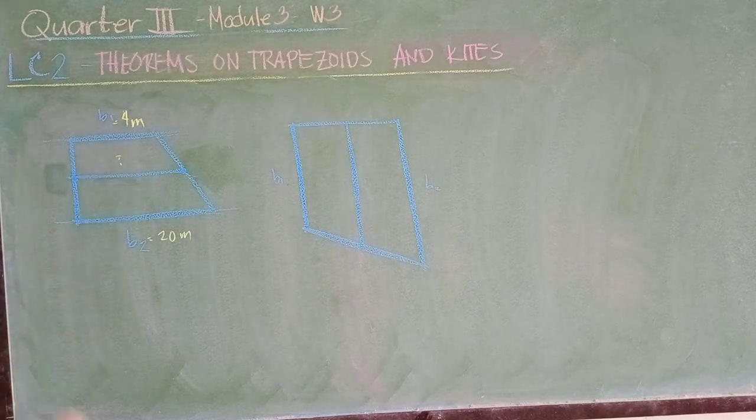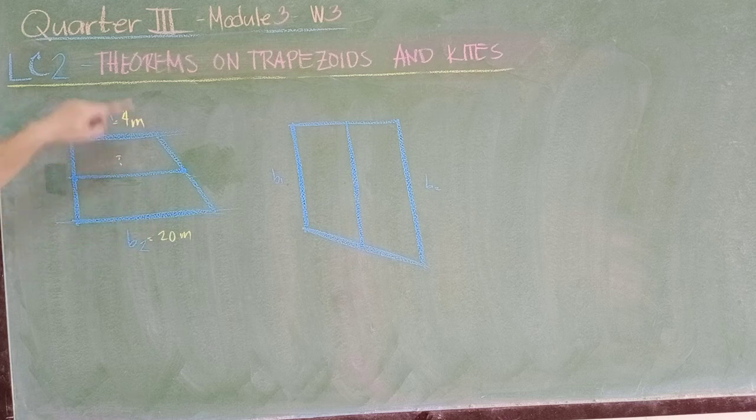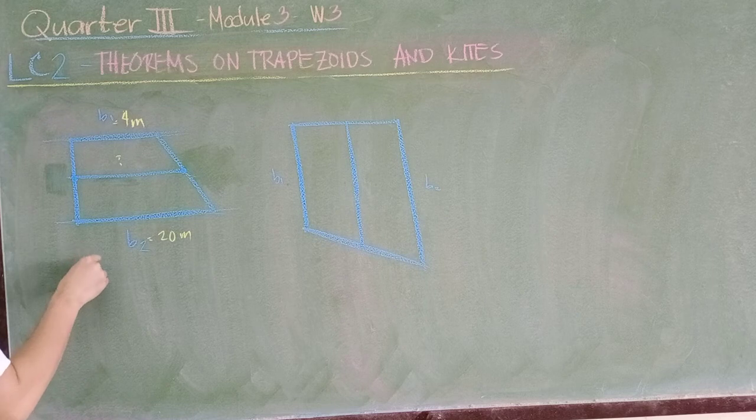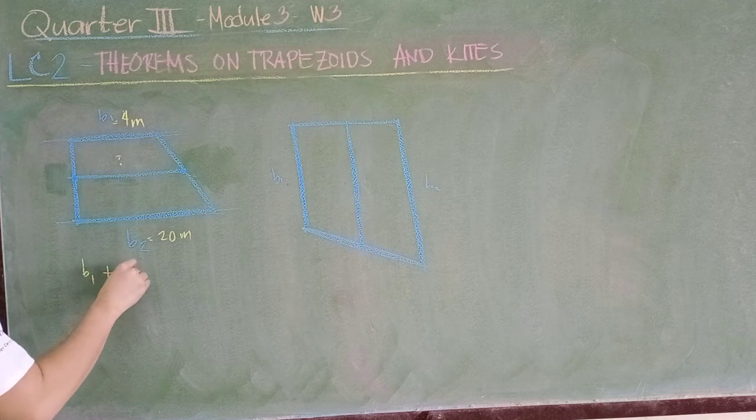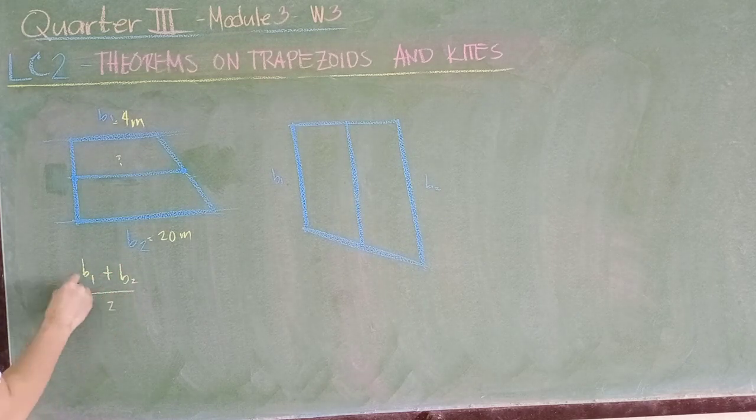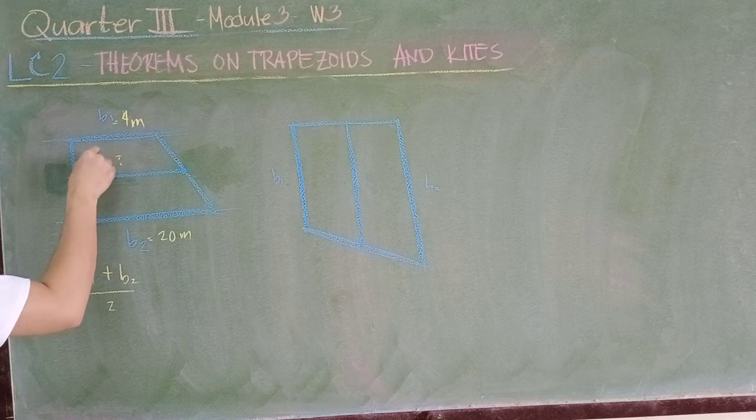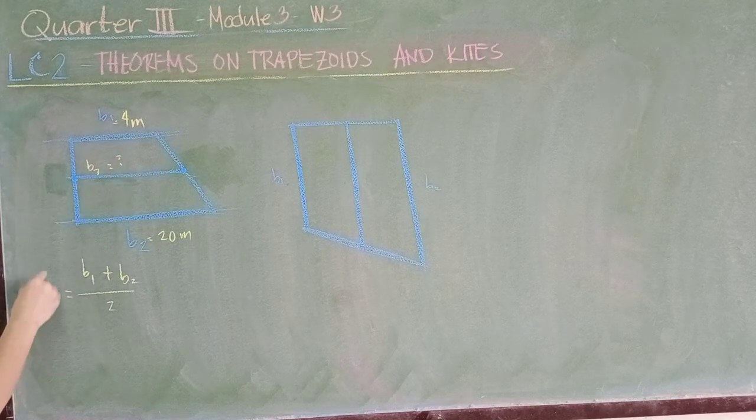Ano yung sukat ng nasa gitna? Ano sukat ng median? So based sa example natin kanina, ang gagawin mo lang is i-add mo lang yung dalawa, tapos i-divide mo sa 2. So i-add mo yung measure ng B sub 1 tsaka B sub 2 and then i-divide mo sa 2 para makuha mo yung, let's call this B3, yung median.